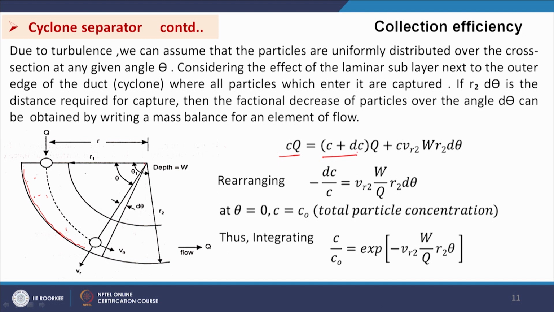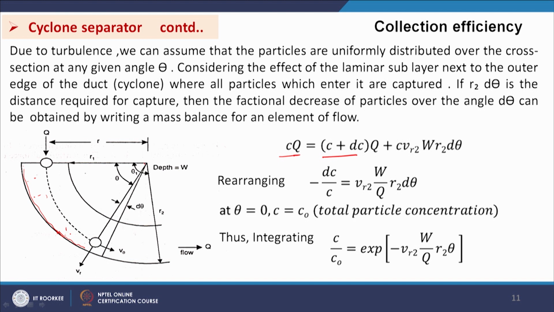So, which particles will be separated? That will come at the outlet sublayer. Okay. So, that will come at the sublayer, which is laminar sublayer, which is generated inside the cyclone at its periphery. Okay. So, this place. Now, then what is that collection or what is that separation?